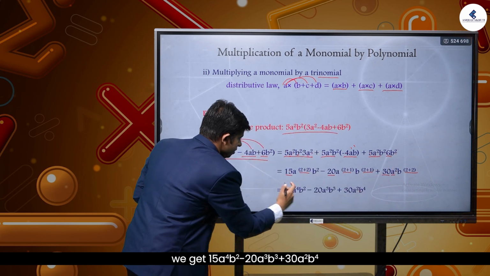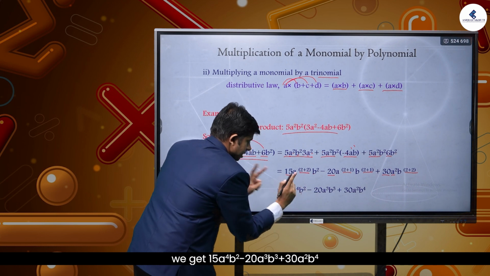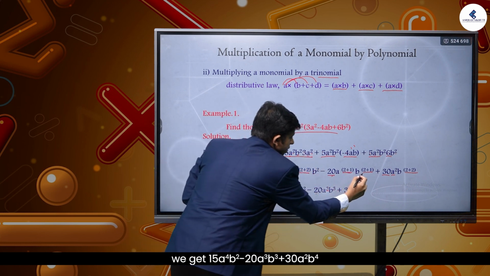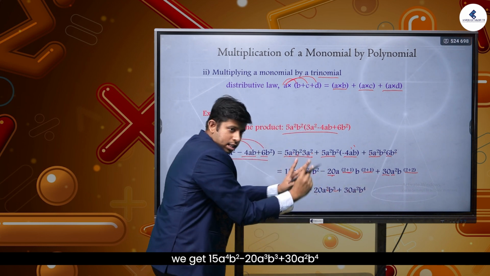After simplifying, we get 15a to the power of 4 b to the power of 2 minus 20a to the power of 3 b to the power of 3 plus 30a to the power of 2 b to the power of 4.